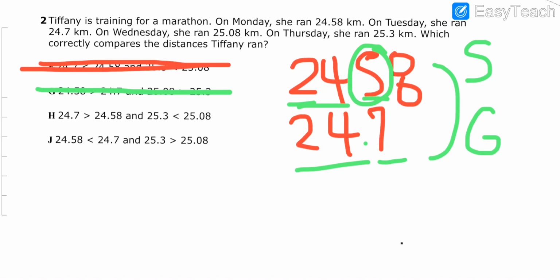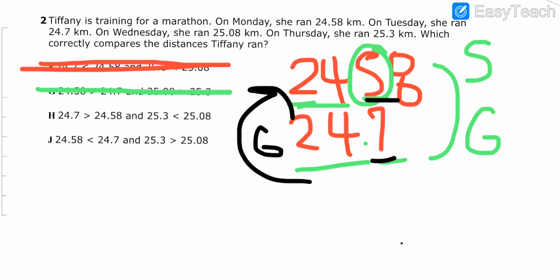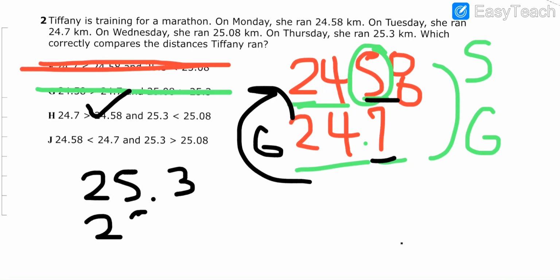Letter H says that 24 and 7/10 is greater than 24 and 58 hundredths. That is true. 24.7, 24.5. This is definitely greater than that part. So the first statement of H is correct, but we need to check the 25.3, or 25 and 3/10, and 25 and 8/100 to see if the 3/10 is smaller than the 8/100.